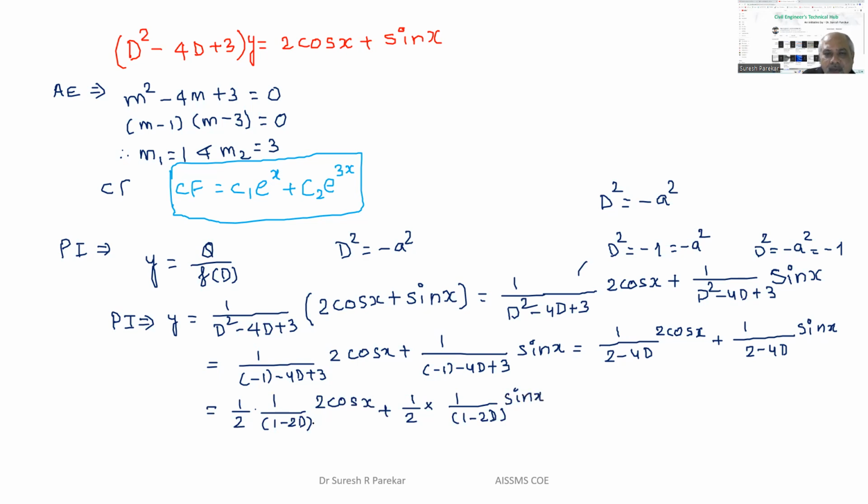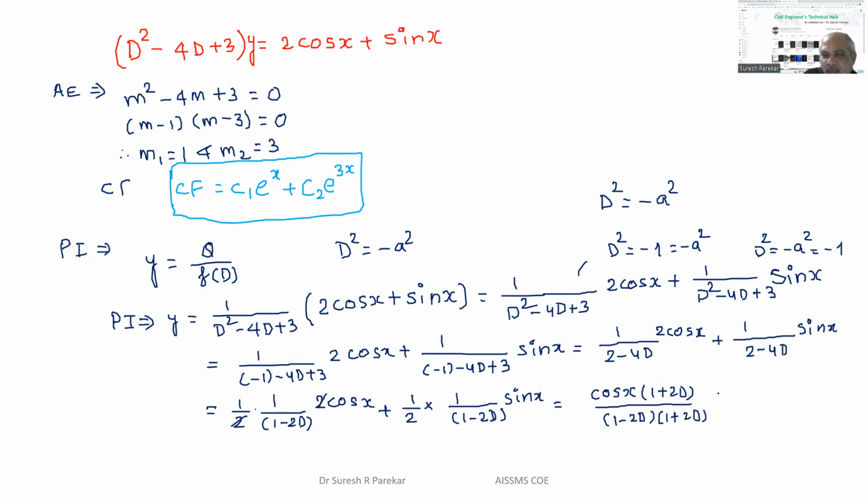And now we have to put d square equal to minus a square. So we have to rationalize it, and we have to multiply it by 1 plus 2d. So this 2 we can cancel, and we have cos x into 1 plus 2d divided by 1 minus 2d into 1 plus 2d.